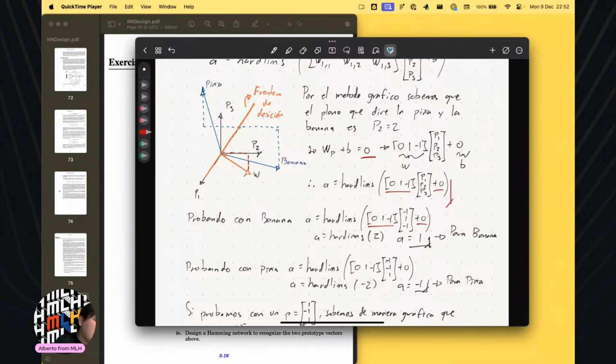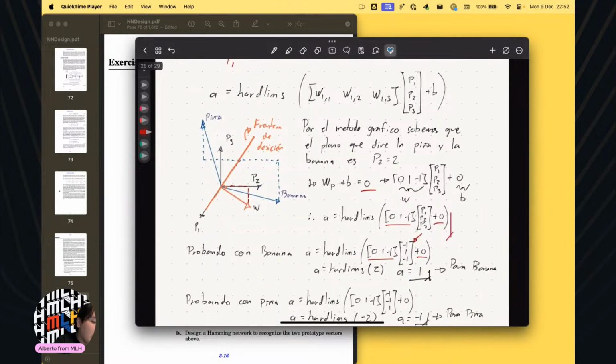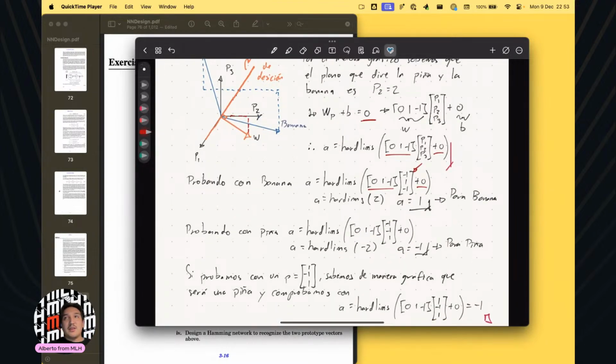Now we just substitute the vector of the banana, -1, 1, and -1. If we perform this calculation, this will give us 2 passed to the hardlims, meaning it will be classified as 1. So remember, this is the banana vector. It's pointing in the same direction as the weight vector. That's what we want.